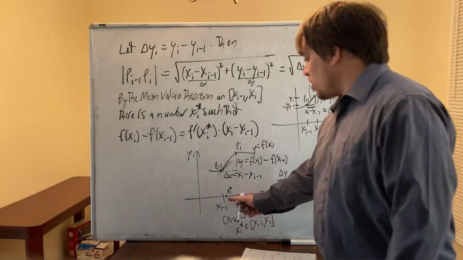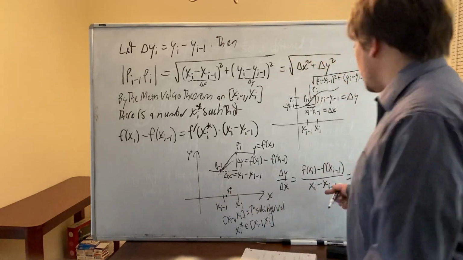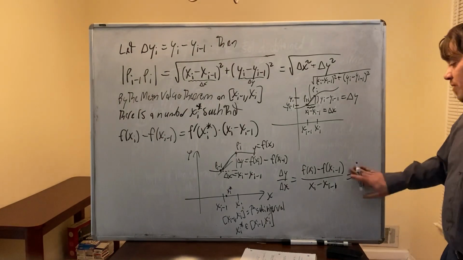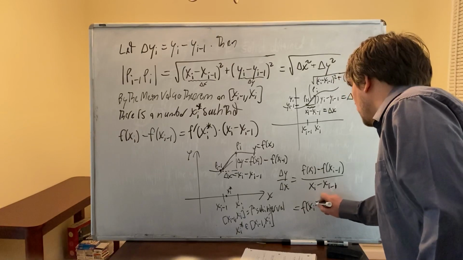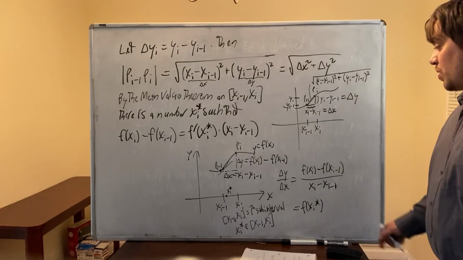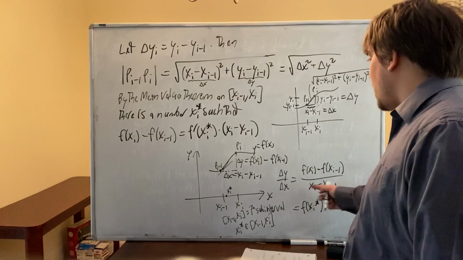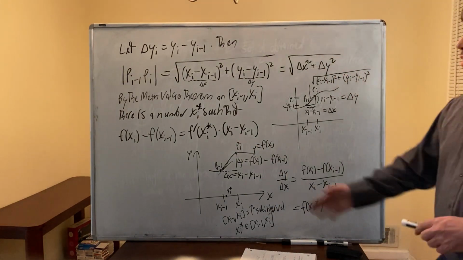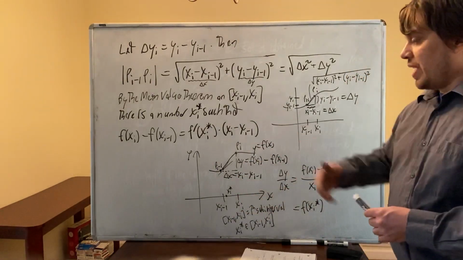Or in other words, there's some point we can choose here where f prime of x sub i star is equal to the slope of the line segment connecting those 2 points. Okay, so the mean value theorem tells us that this is equal to f prime of x sub i star for some x sub i star in that interval. And so saying this over this is equal to this is the same as saying that this difference is equal to this times x sub i minus x sub i minus 1. Okay, and so that's the conclusion of the mean value theorem. And so all of this is explaining what that means, how we get that.